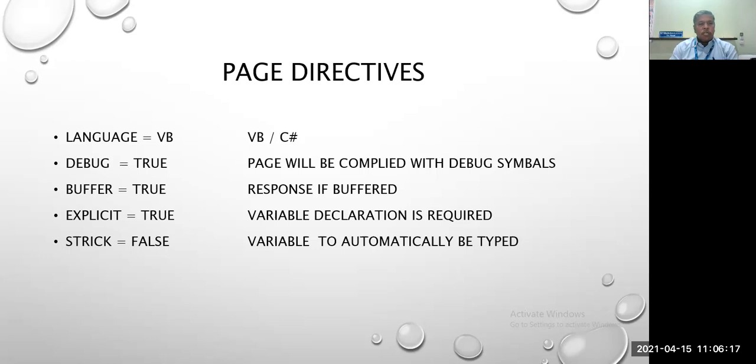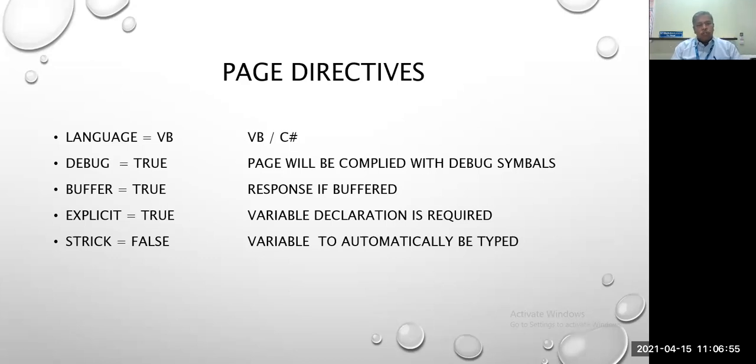The next one is strict equal to false. This concerns the automatic conversion of data types. When you want to stop the automatic conversion of the data type, you have to make strict equal to true. When I check an integer and a string value, both being 5, and strict is true, it will give you a false answer.